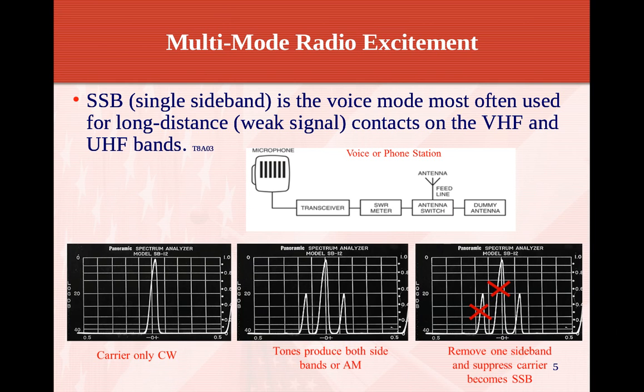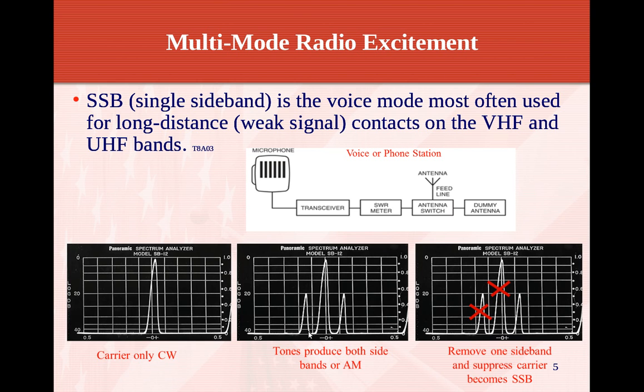You can take a look at the signals. This is a spectrum analyzer, so you're looking at frequency versus voltage. And you can see a carrier-only CW, continuous wave. So when you hold down the microphone, don't speak into it, don't modulate it, it looks like this at a specific frequency.